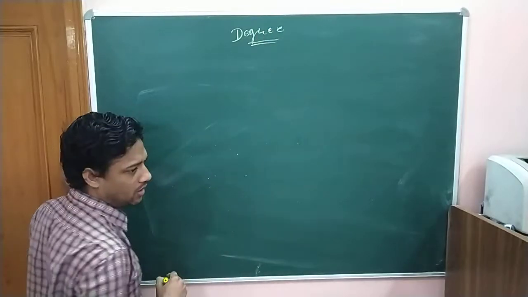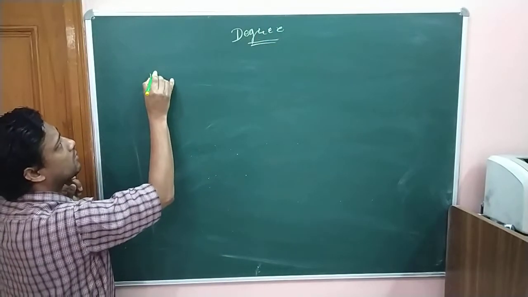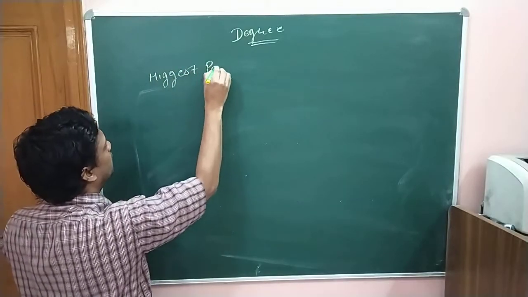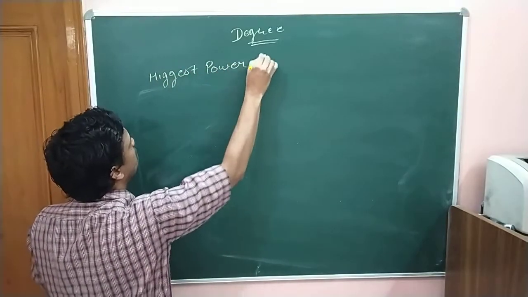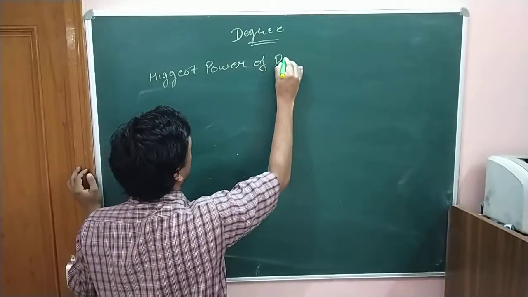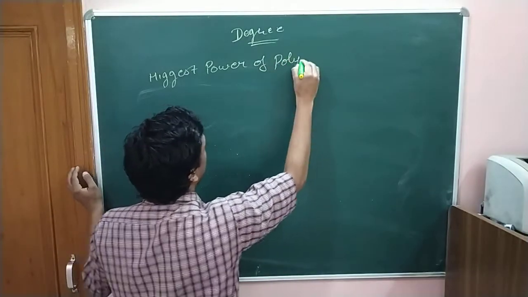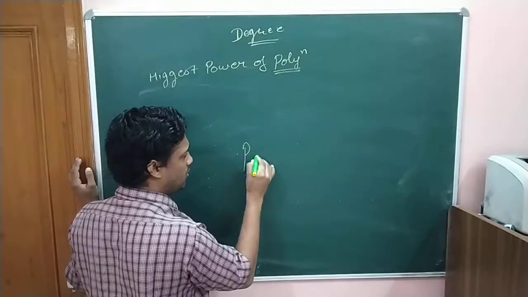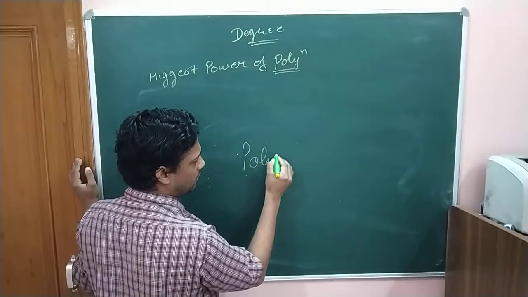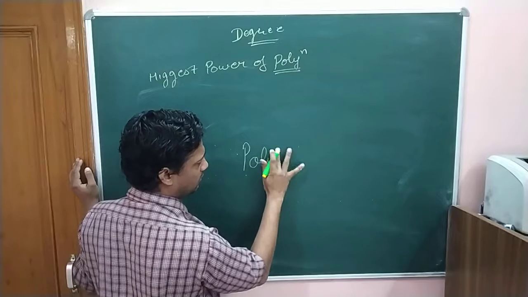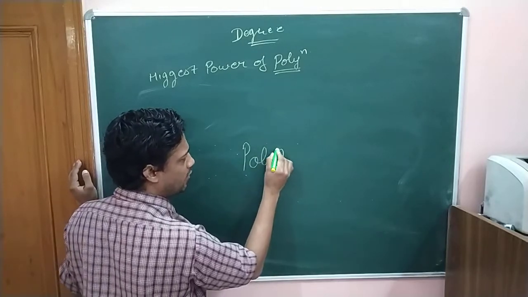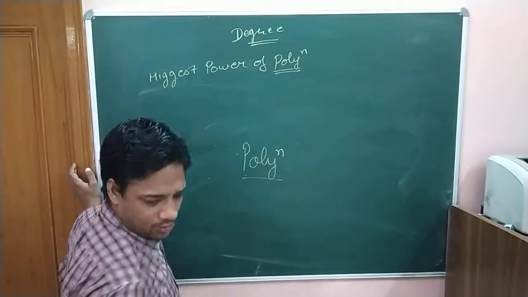Degree of the polynomial: highest power of the variable in the polynomial. This is the short form. How can you write the polynomial? At the power of y you can write n, then it represents a polynomial.